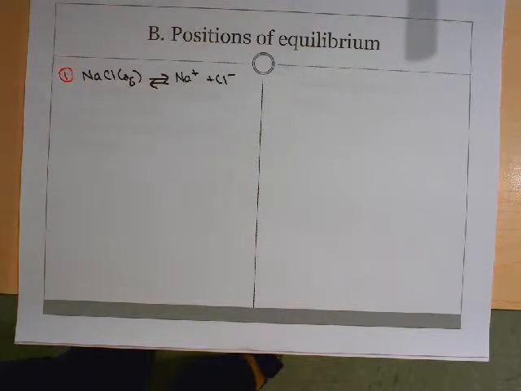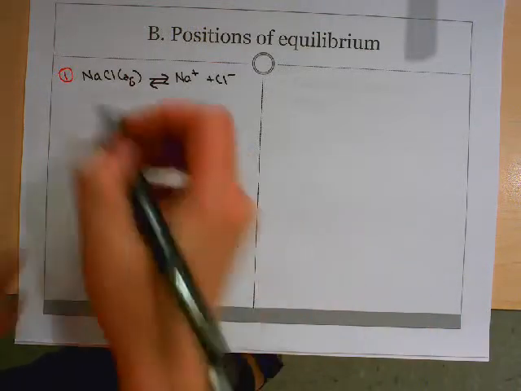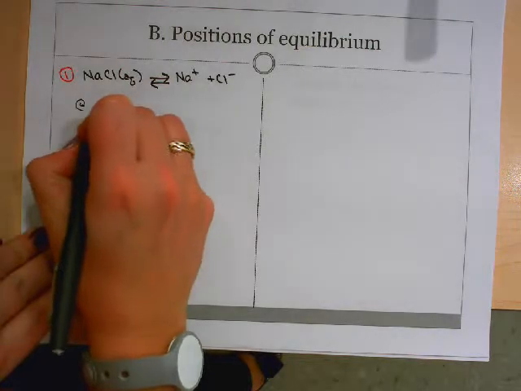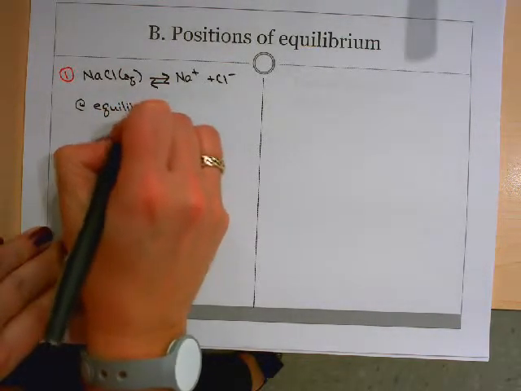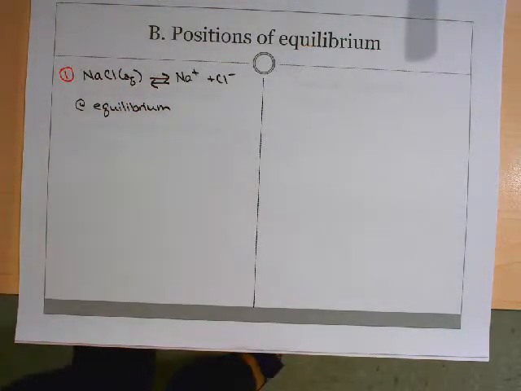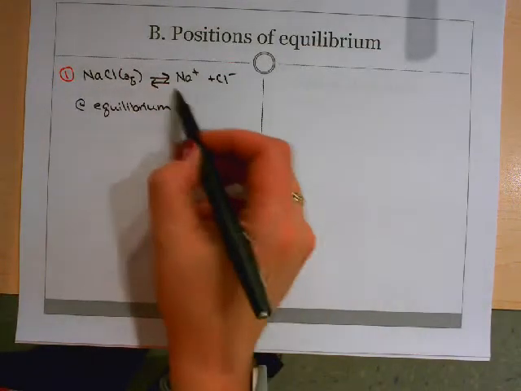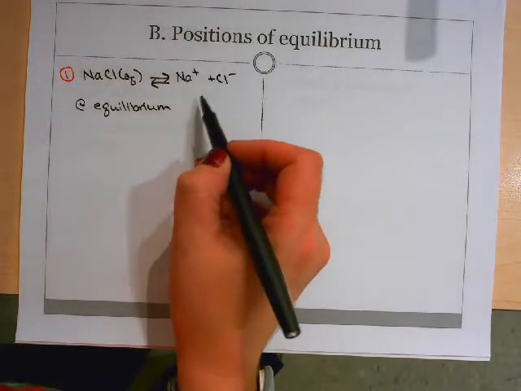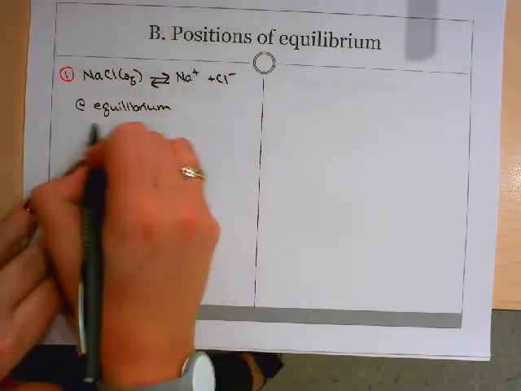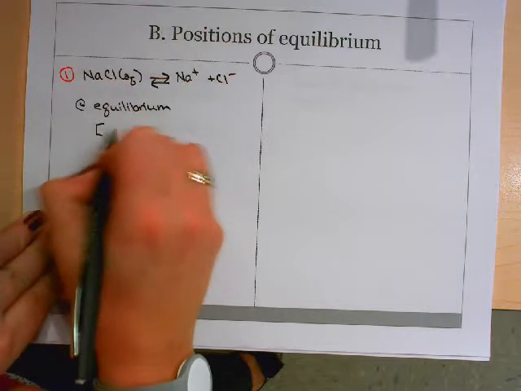Very likely, very unlikely. Very likely, right? So, at equilibrium, am I more likely to have products or reactants? Right, we just said it's very likely for sodium chloride to break into ions. So at equilibrium, I should have more products.